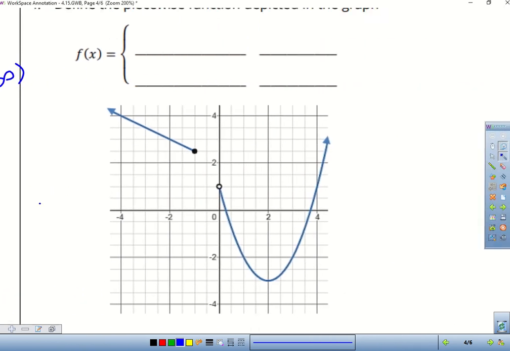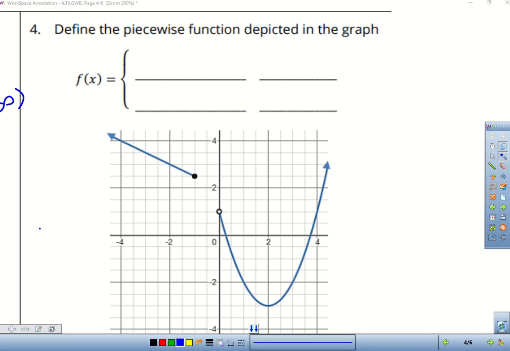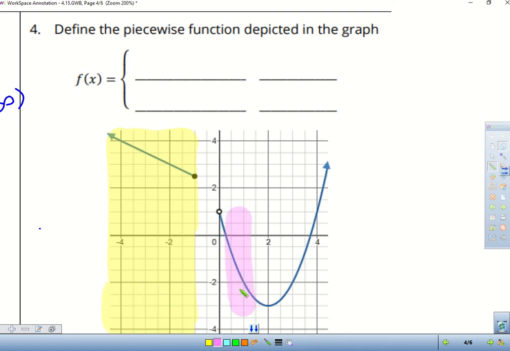So now we're going to work backwards. We're going to determine the equation that would match the graph. So if it helps, you can do your shading here to see where the boundaries are. You see those two boundaries right there?